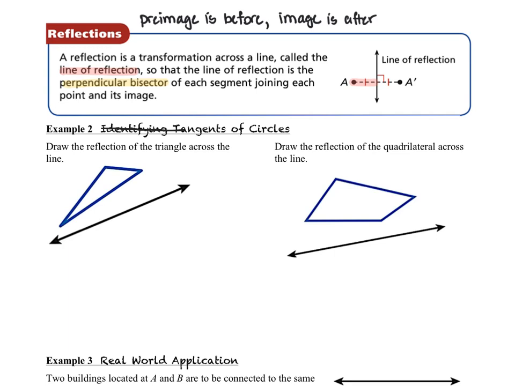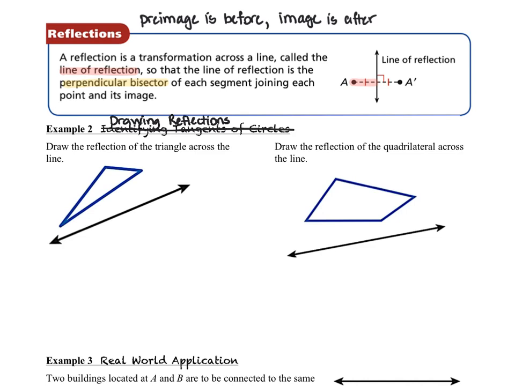So when we look at example 2, the title says identifying tangents of circles. That was definitely a typo. It should read drawing reflections, so please correct that in your notes. Anyhow, we're going to take a look at these 2 pre-images and draw the reflection of the pre-image across the line.